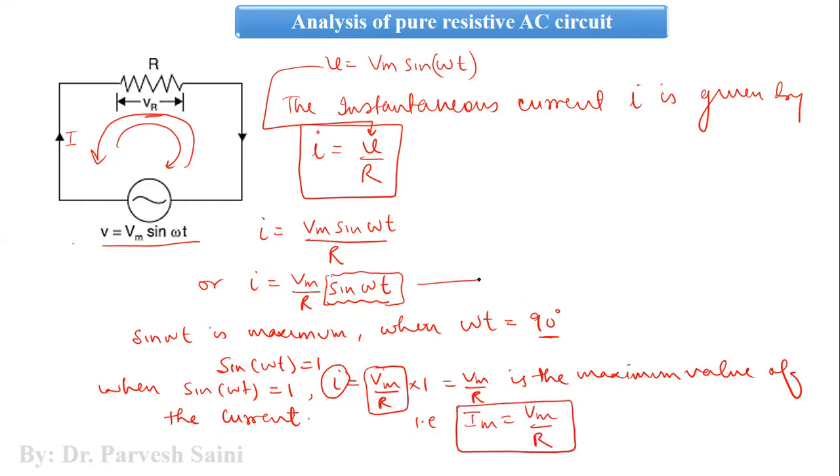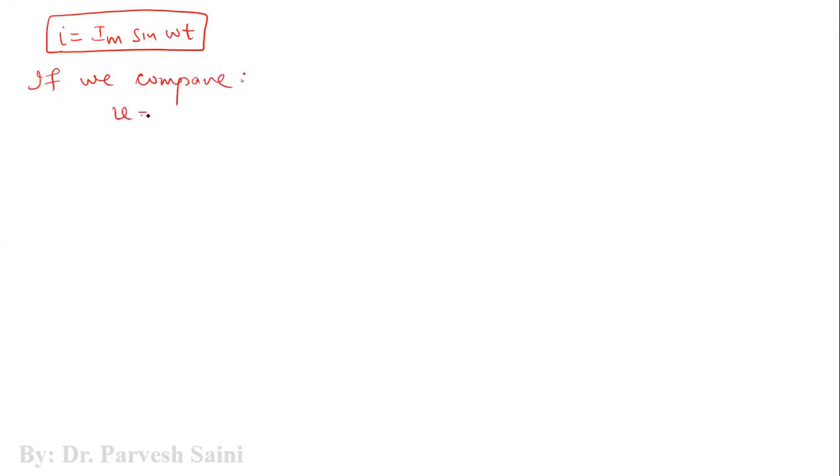So if we assume that this is your equation number 1 and this is equation number 2, we can substitute this value in this equation. If we substitute, we get I is equal to Im sine omega t. Now, let us compare V is equal to Vm sine omega t and I is equal to Im sine omega t.